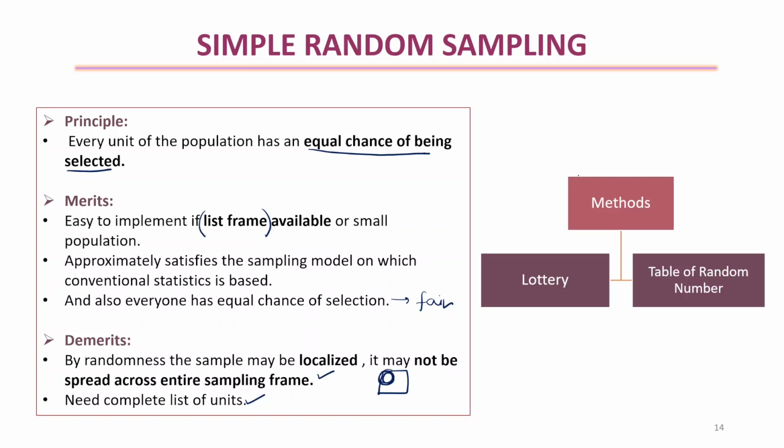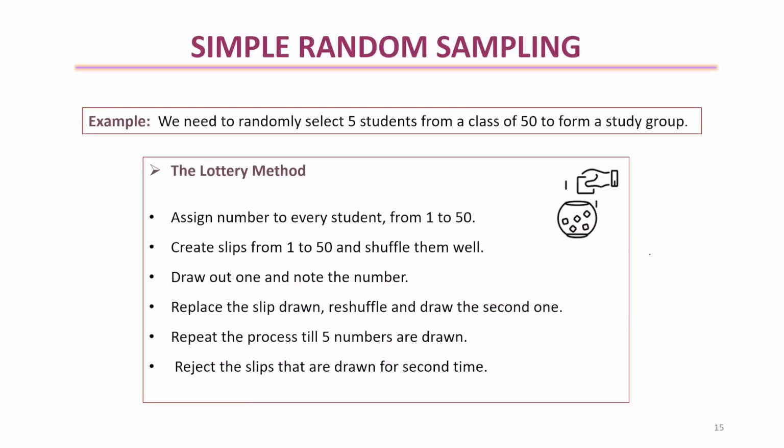There are two methods through which this sampling is done. One is the lottery method, another is the table of random number method. For example, we need to randomly select 5 students from a class of 50 to form a study group. We will first assign a number to every student from 1 to 50, then create slips from 1 to 50, put them in a bowl and shuffle them well.